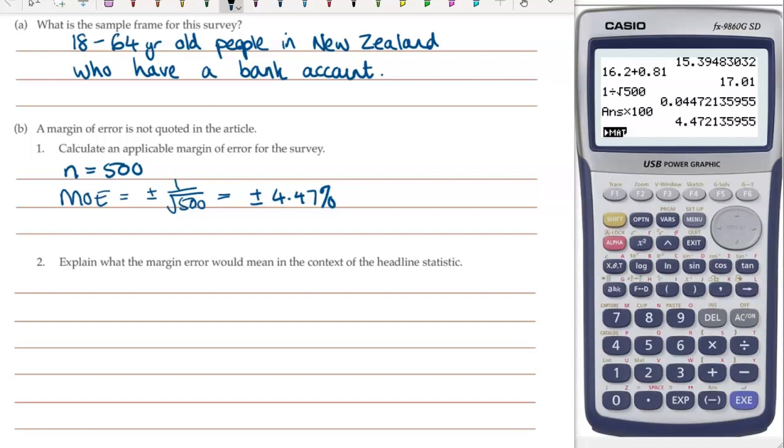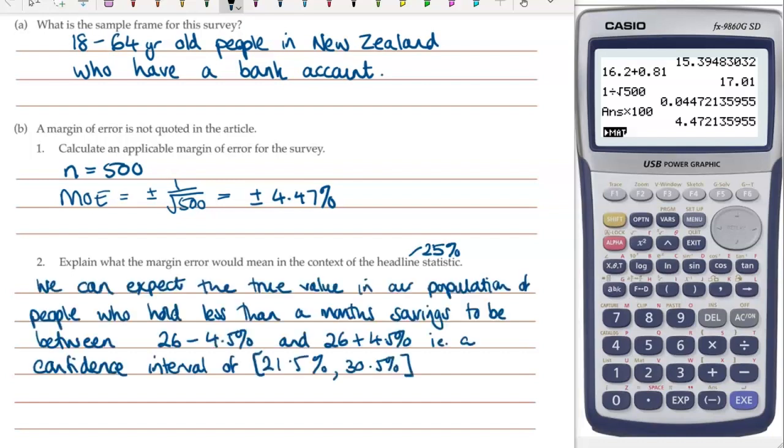And then what does that mean in the context of the headline statistic? Well, the headline was that a quarter of Kiwis hold less than a month's savings. So we would be able to add on or take away that 4.5% from the 25 to get our confidence interval.